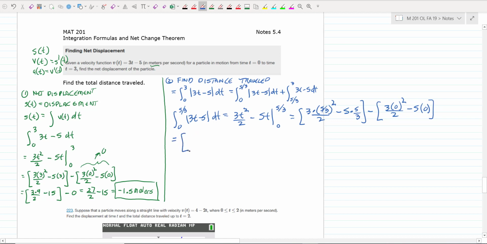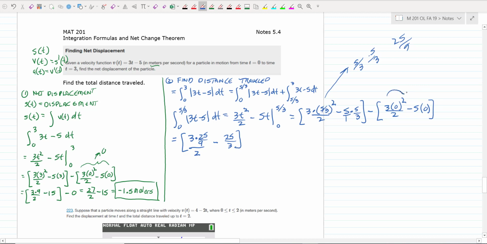So this is 3 times, if you take 5/3 to the second, 5/3 times 5/3 is 25/9. So I'm going to write that as 25 over 9. And then I'm dividing by 2, so you're really multiplying by a half. And this second thing right here, of course, would be 25 over 3.